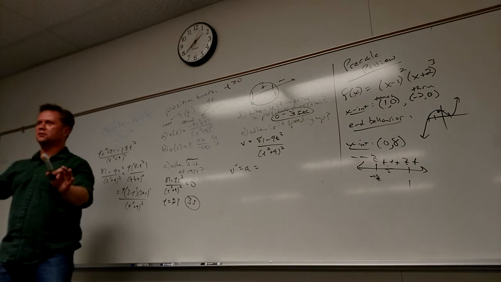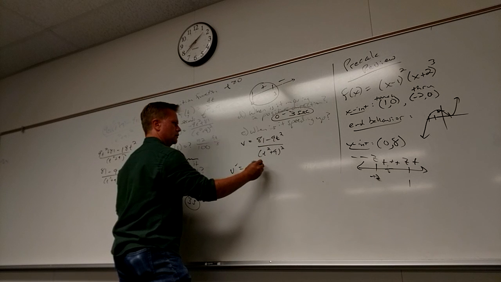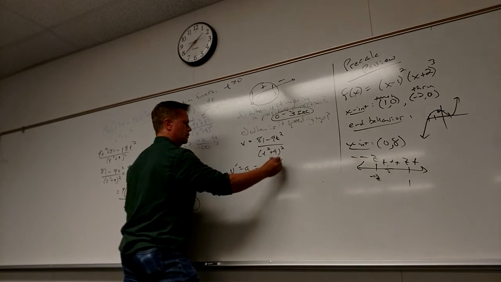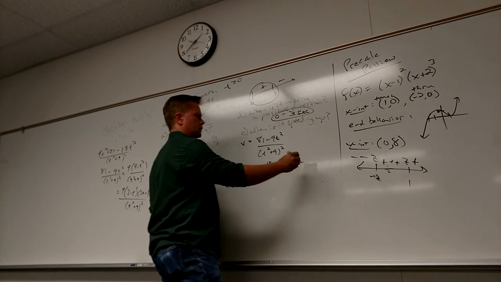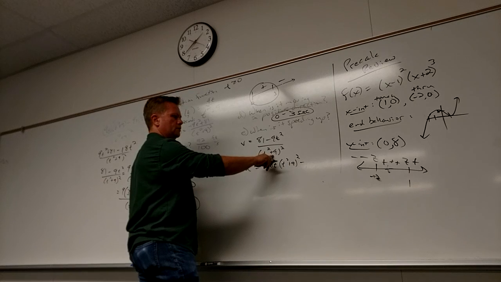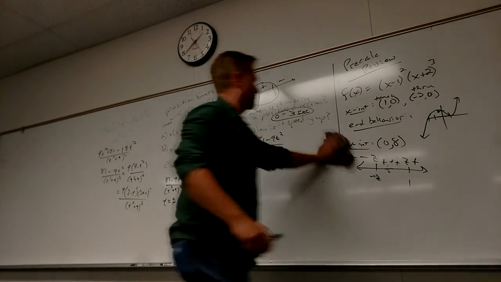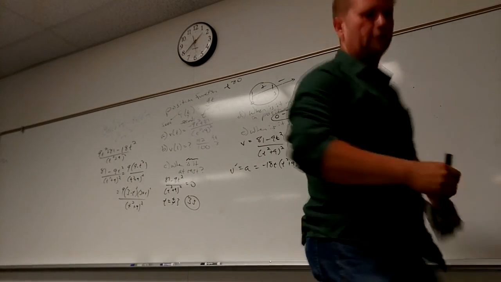Derivative is your first concern. All right, so let's see. Derivative of the top is negative 18t times the bottom, minus the derivative of the bottom.